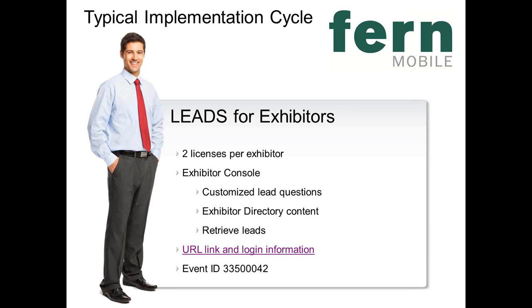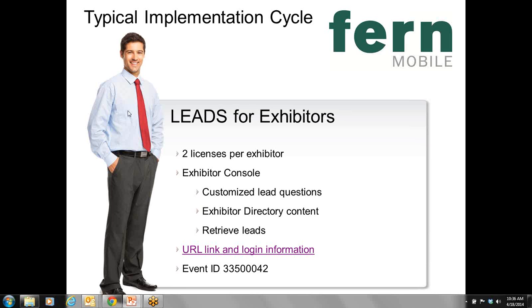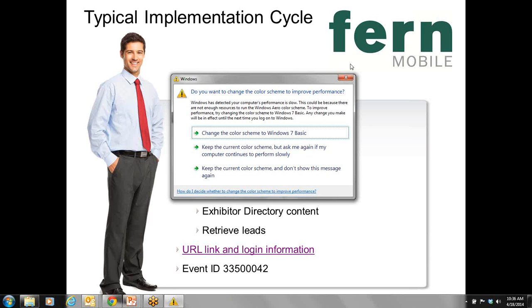In addition, you're going to have access to what we call the exhibitor console. That's a website that you log into, and when you log into that website, you have the ability there to do several things that we'll show you.